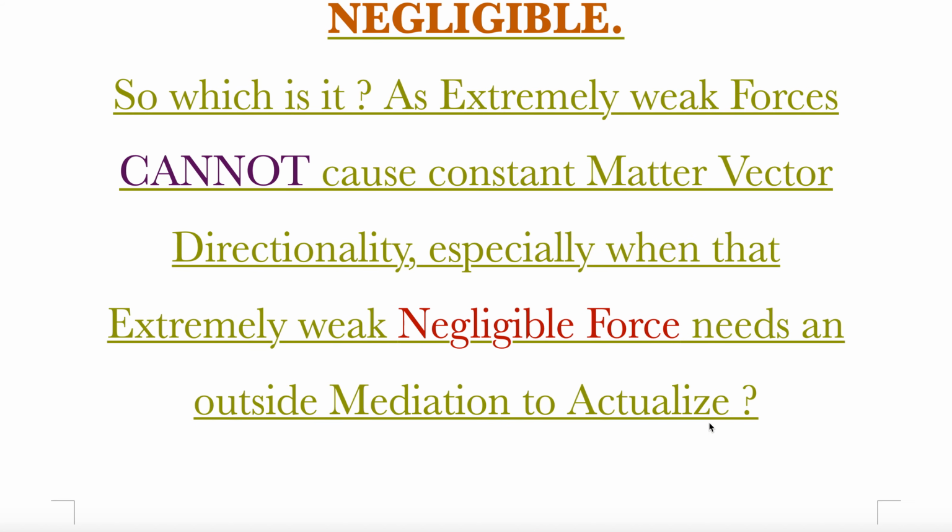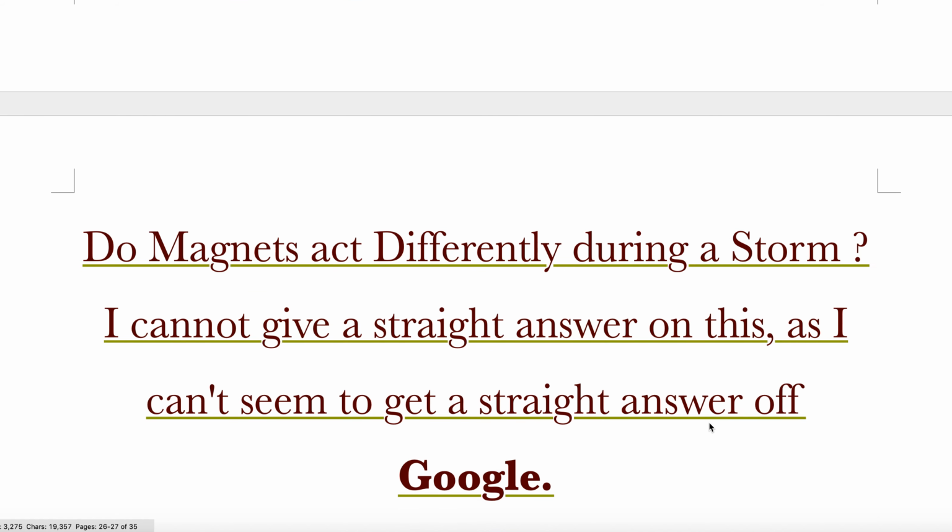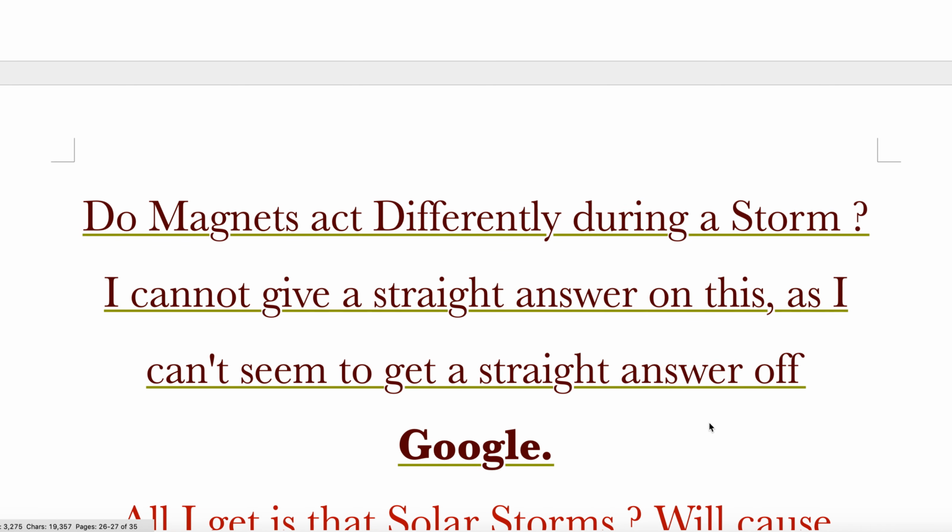Extremely weak forces cannot cause constant matter vector directionality, especially when that extremely weak, negligible force needs an outside mediation to actualize, because they need a motor, they need something to make it, they need the friction, they need physical involvement to make something happen. It doesn't just happen.